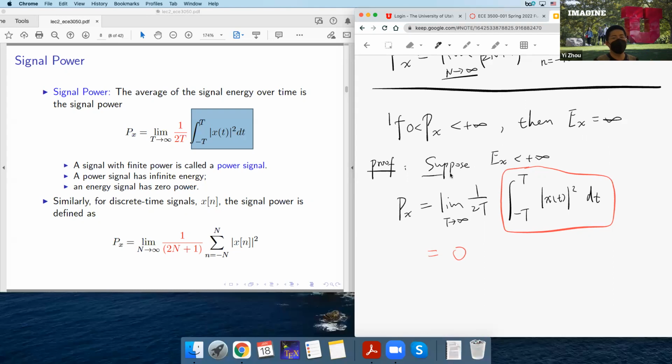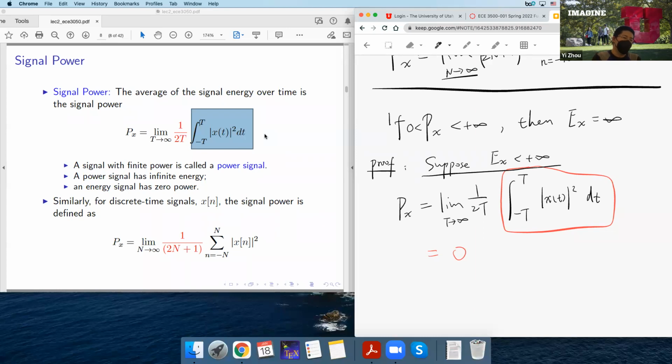So under this assumption, if the energy is finite, then the limit of this part is the energy by definition. So this part has to be finite. And then we are letting T go to infinity. So this denominator is going to infinity. We have a finite number divided by something going to infinity, so it has to be 0.